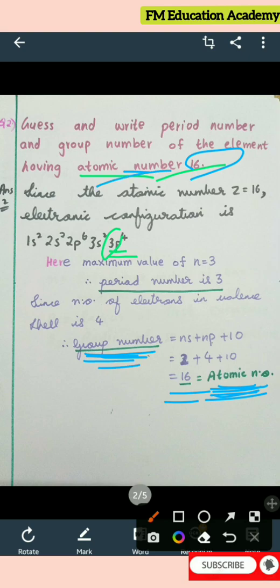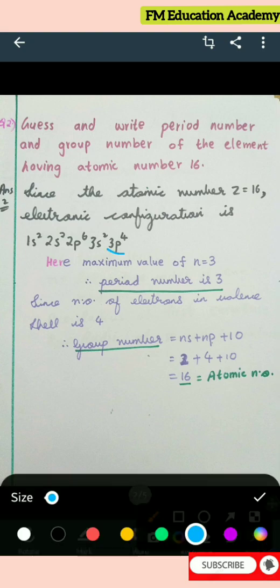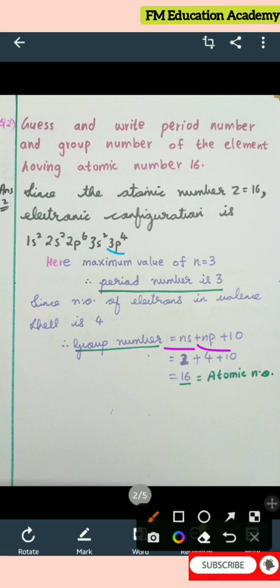See this, it is p here, right? So whenever the last orbital is p, the formula used for p orbital is ns plus np plus 10. That means how many electrons are there in ns plus how many electrons are there in np plus 10. Which ns are we talking about? These last two, ns and np. Electrons are the numbers written in powers.